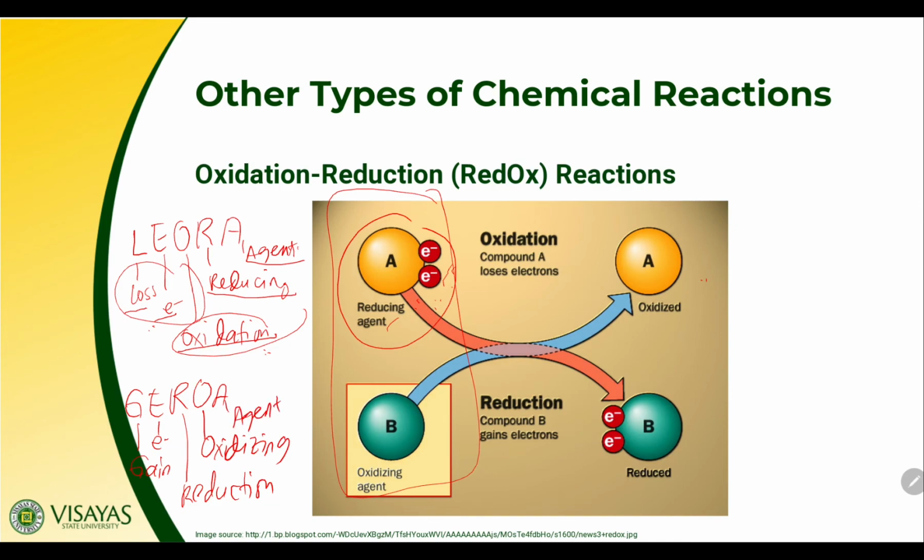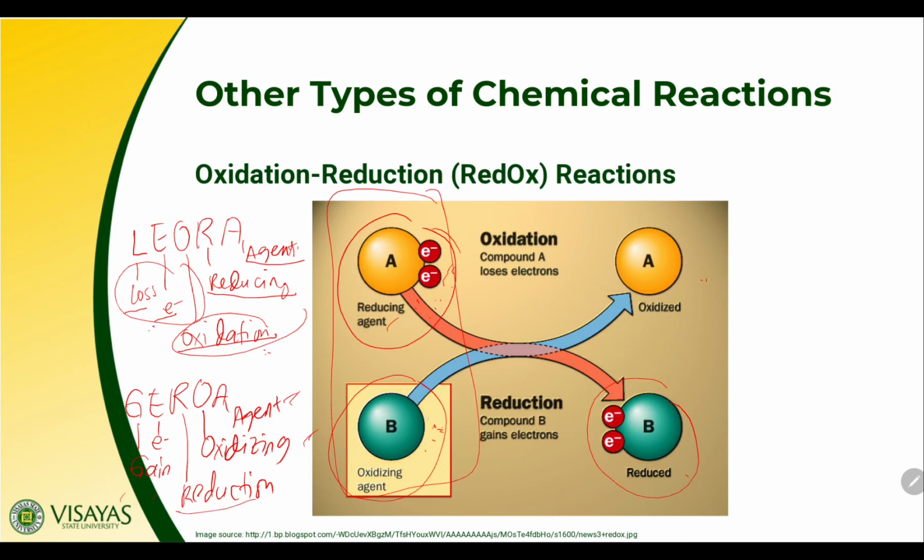So here, in the example, we have our oxidizing agent. The oxidizing agent gains the electrons. Where did the electron come from? From the reducing agent. The oxidizing agent gained the electron lost from the reducing agent, and in the process it is being reduced. That is why we have a reduction in here.